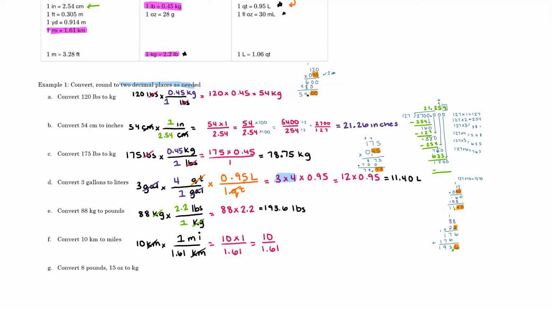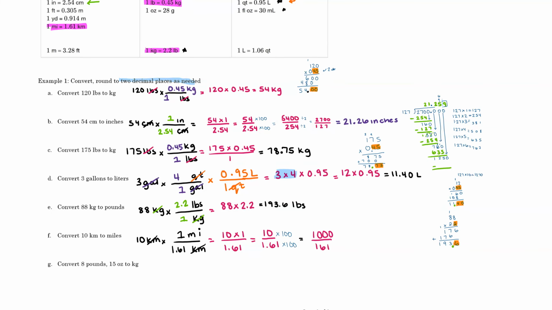Let's kill the decimal by multiplying by 100 on top and bottom. So that's going to be 1,000 divided by 161. Not the nicest thing to divide, but it is what it is.